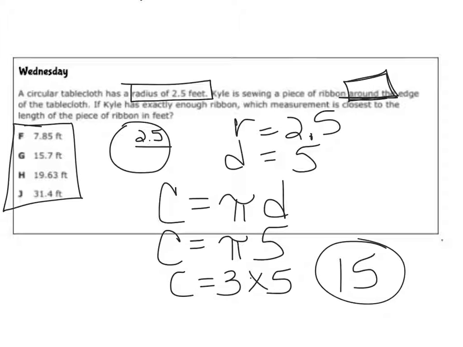Well, if you look at your answer choices, there are 2 of them that are 15 and a little bit more. So because I'm not sure if it's 15.7 or 19.63, then I'm going to go ahead and multiply by 3.14. Okay, so we go ahead and do the math.